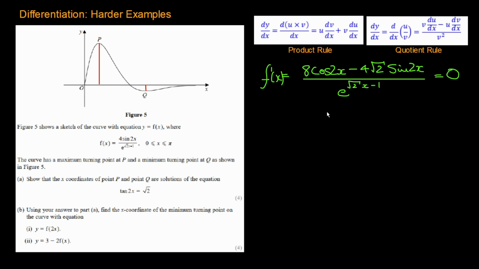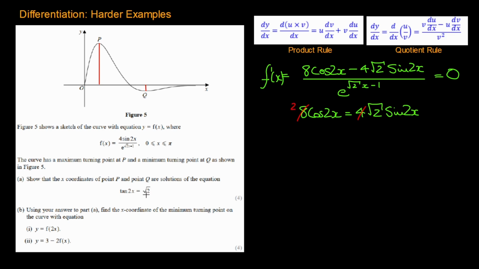And I'm just going to put those on opposite sides of the equation just so that it makes a little bit more sense. So I get 8 cos 2x is equal to 4 root 2 sine 2x. I notice straight away that the 4 will cancel with the 8, to give 2.